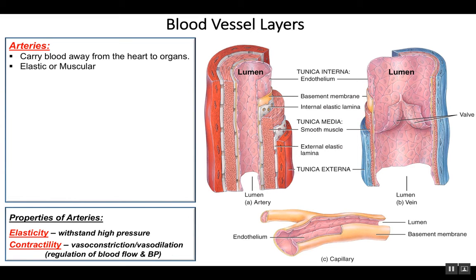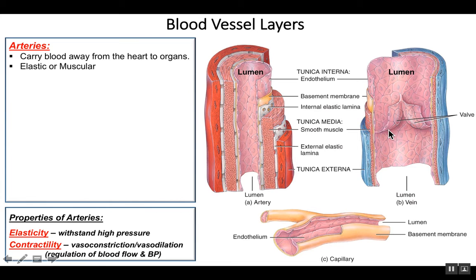So what organ needs more blood is going to have arteries that might vasodilate to deliver more blood. If we have to adjust that blood flow and reduce blood flow, arteries will vasoconstrict. This is also extremely important in regulating your overall blood pressure, which we'll talk more about later in this PowerPoint. So those are the key differences.